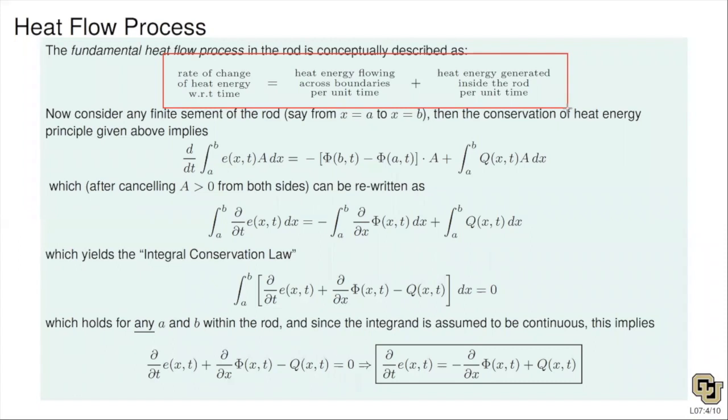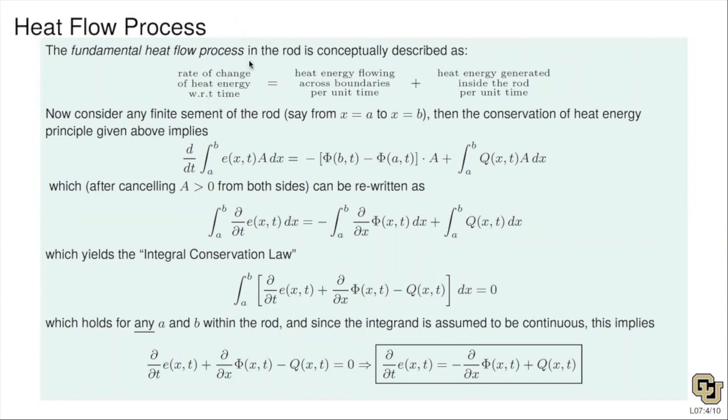So the theory is the rate of change of heat energy with respect to time in the rod can only be either due to energy flowing across the boundary or energy generated inside the rod. And so now we mathematically have expressions for both sides of the equation.